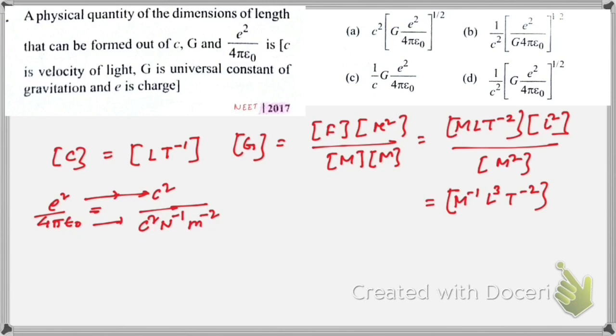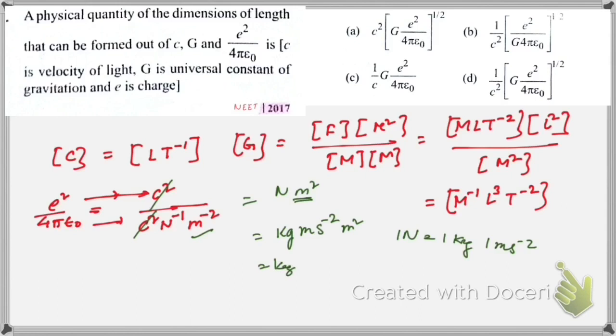Now you see, the coulomb is gone, so this N to the power minus 1 can be written as N, and M to the power minus 2 as M square. One Newton is equal to 1 kg into 1 meter per second square, right? So here kg meter per second square, then again we have meter square, so it's going to be kg meter cube per second square.